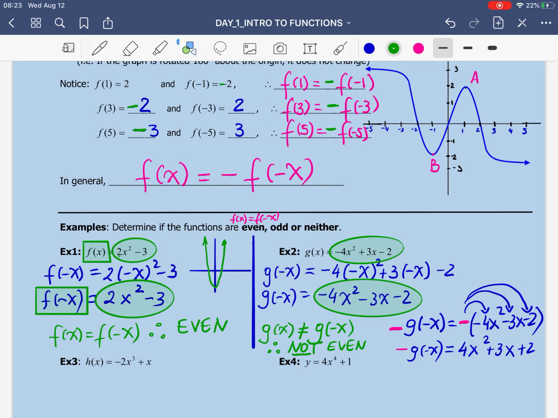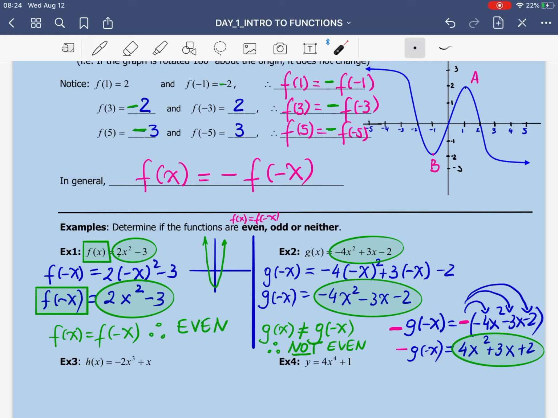And this is when we stop again, and we try to compare negative g of negative x with what we were given. We see that the first terms are opposites of each other, and we are looking for the exact same expression. So we want g of x and negative g of negative x to be equal.